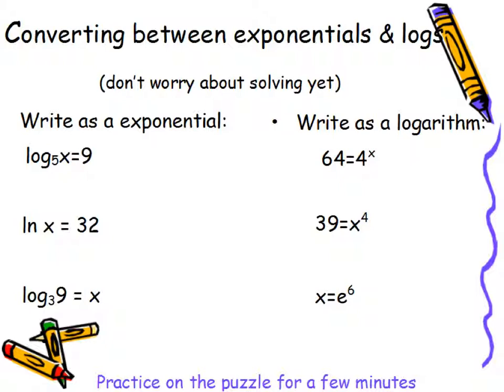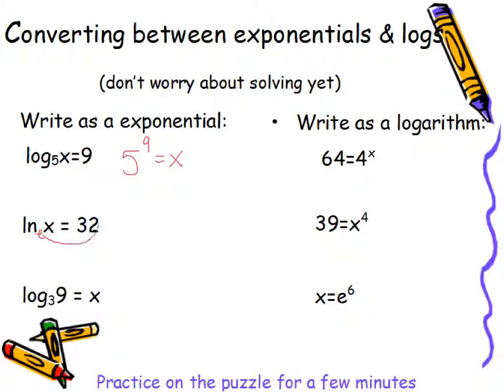So on this first one, let's do this first column right here. Let's switch these logs into exponentials. And this is just the big loop thing. So it's just 5 to the 9th power equals x. So you should write 5 to the 9th power equals x. On this second one, you have to imagine there's a little e here.